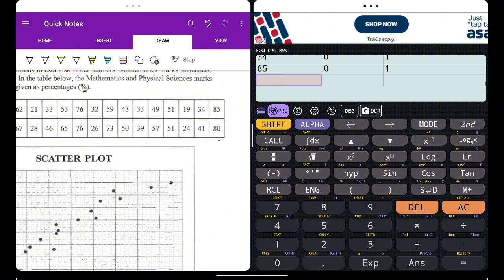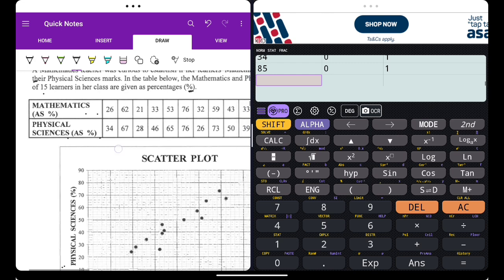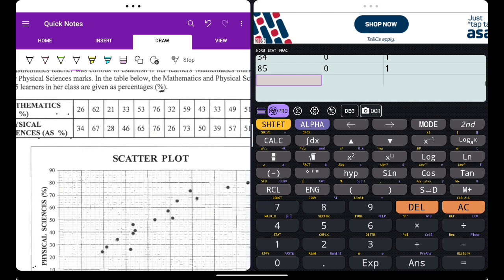Now we are going to do the ones for physical science. So it means we come to this side, and then we go up on our screen. Make sure that we have the first one. Right, for physical science, it starts with 34.